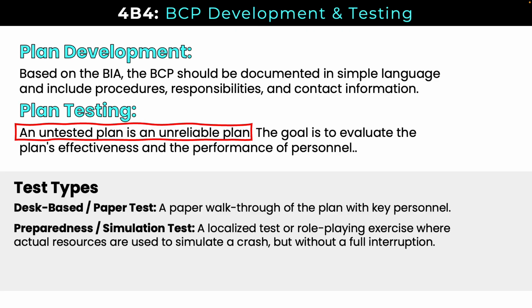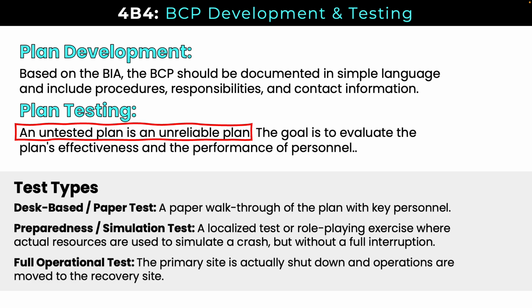There's preparedness or simulation tests. This is a localized test or a role-playing exercise where actual resources are used to simulate a crash, but without a full interruption. And then there's a full operational test where the primary site is actually shut down and operations are moved to the recovery site. That's the most thorough, but it's also the most disruptive test, of course.